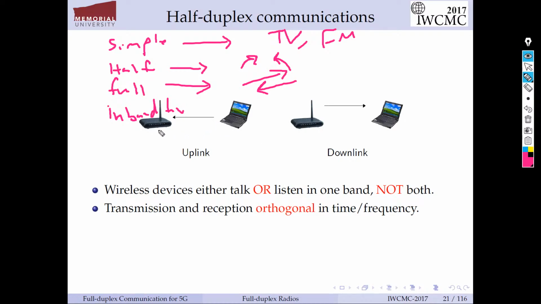For example, when the computer talks to the access point, or when the access point talks to the computer, which we call the downlink. Wireless devices in general either talk or listen in one band, not in both. Transmission and reception are orthogonal in time and frequency. This is what we call full duplex, by dividing the bands, the resources, part of them for the downlink, part of them for the uplink.